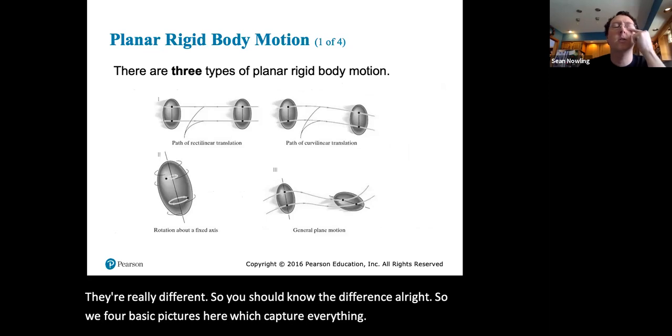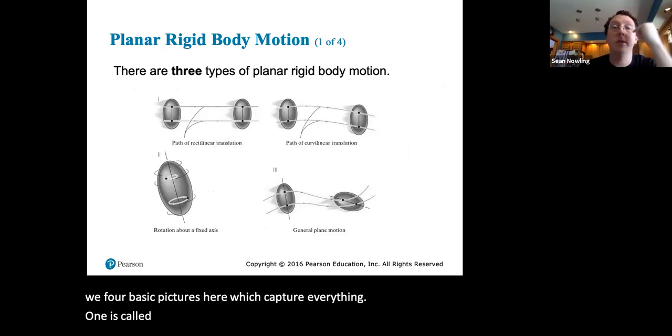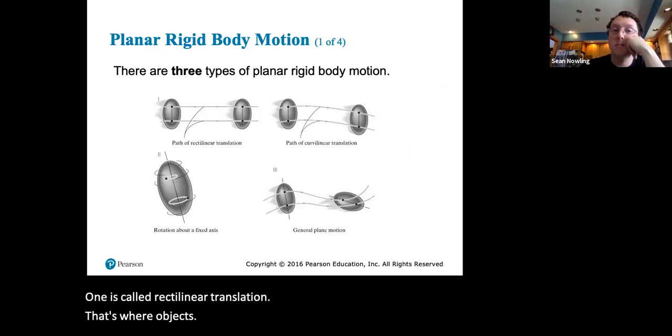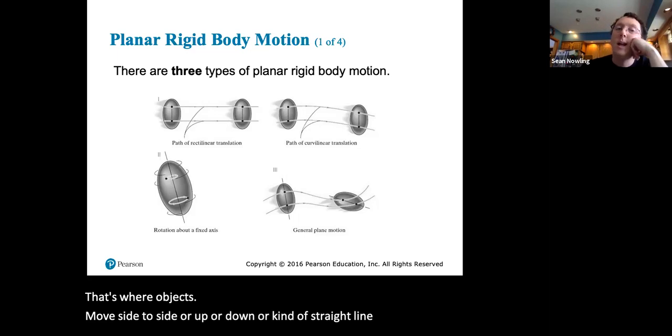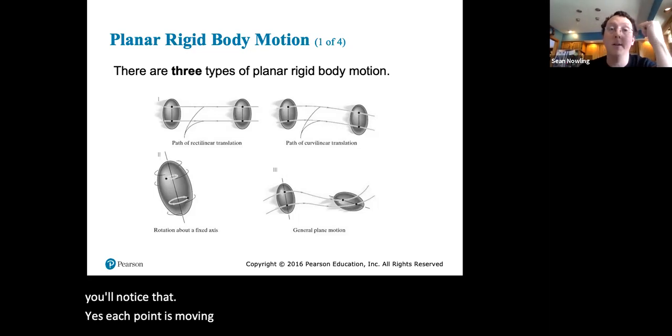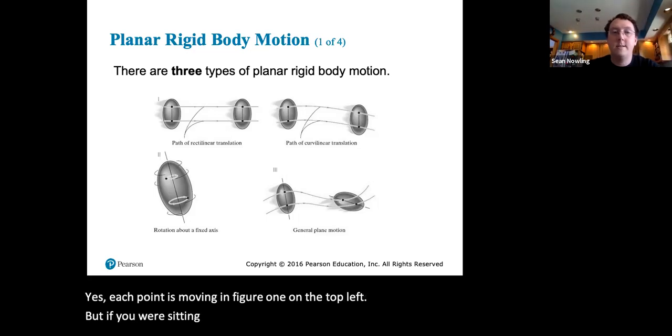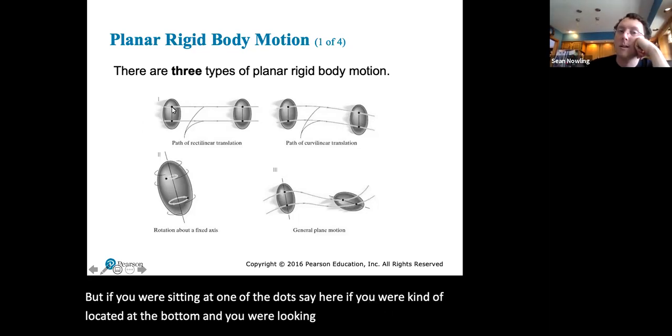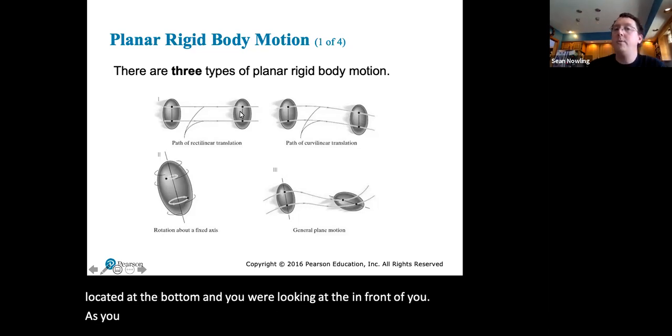One is called rectilinear translation. That's where objects move side to side or up or down, in straight line motion. And you'll notice that each point is moving in figure 1 on the top left, but if you were sitting at one of the dots, say at the bottom, and you were looking at the dot in front of you, as you moved, the dot in front of you moved equal amounts.